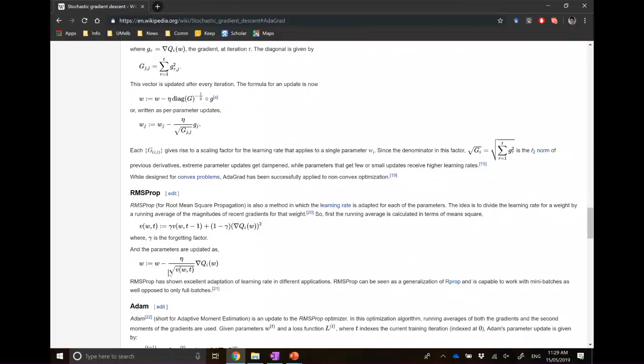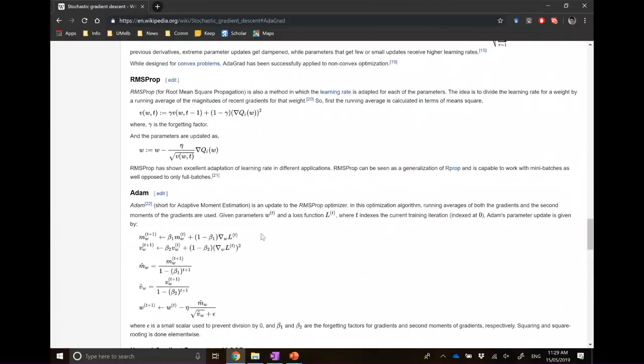You see the learning rate here is changing in front of the gradient. Adaptive moment estimation keeps multiple states, then creates a combination of these multiple states to do the parameter update. In this case, the V's or omegas are the parameters, the weights that are getting updated.